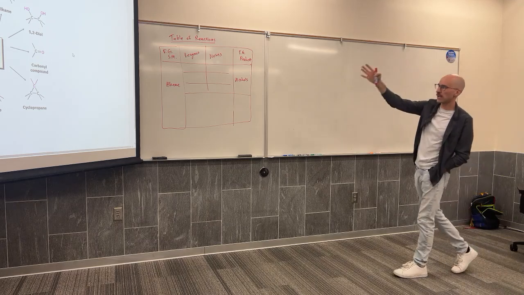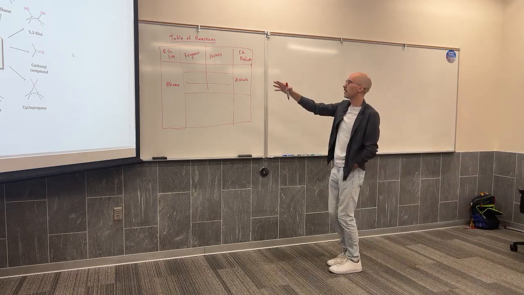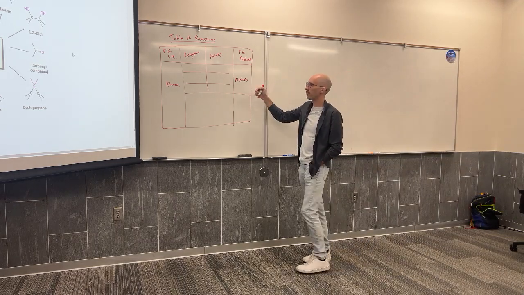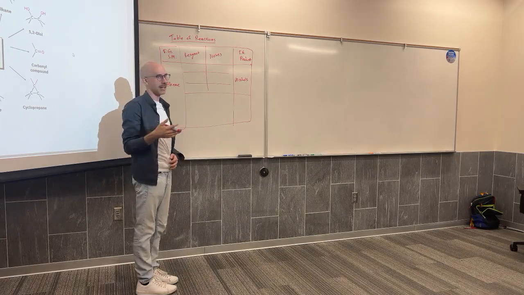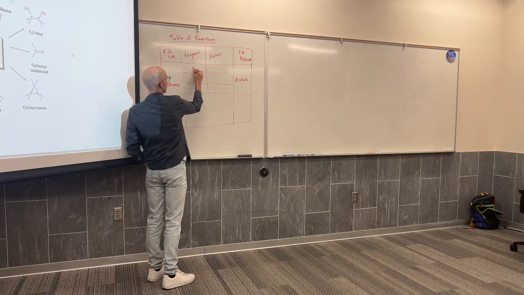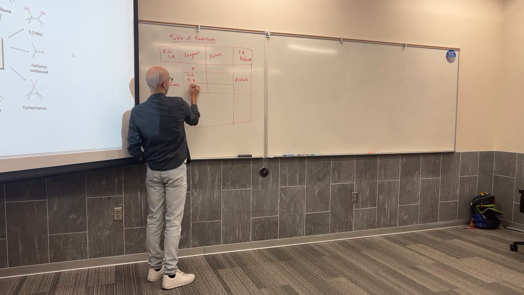So, of all the reactions we can do with alkenes, 3 of them make alcohols. Rather than spending the time to put in all of these things, we're just going to say that the reagents look something like this for the 3 reactions.